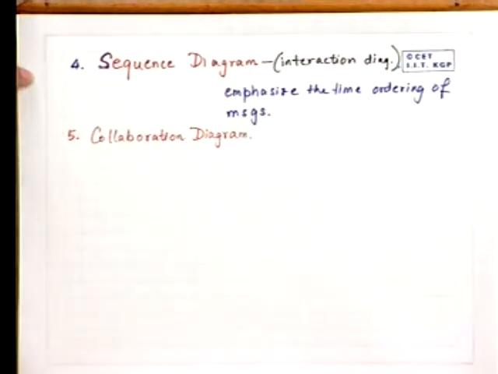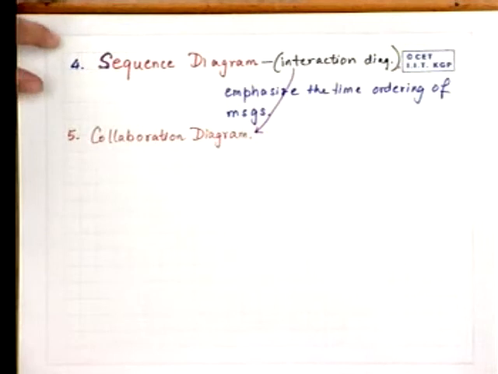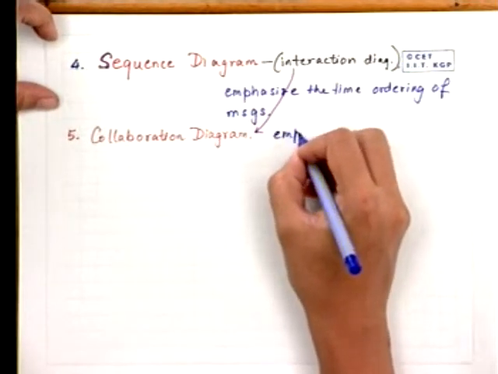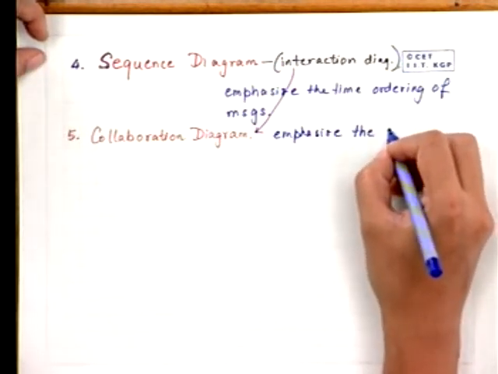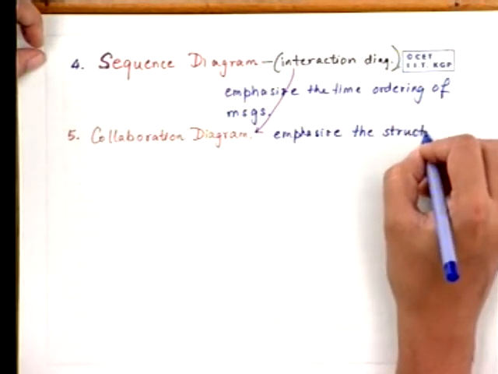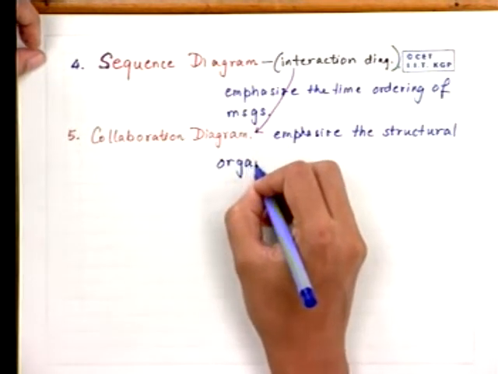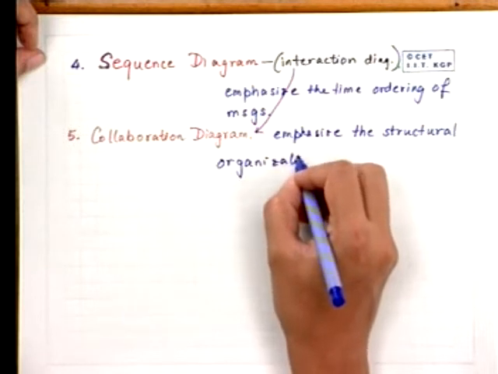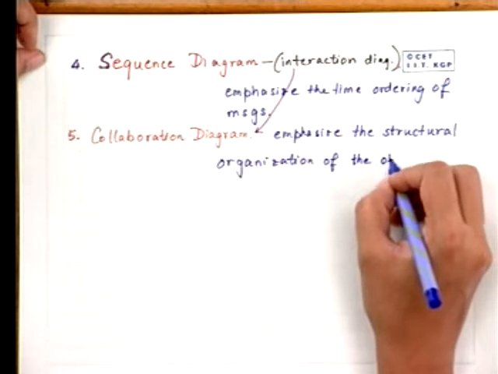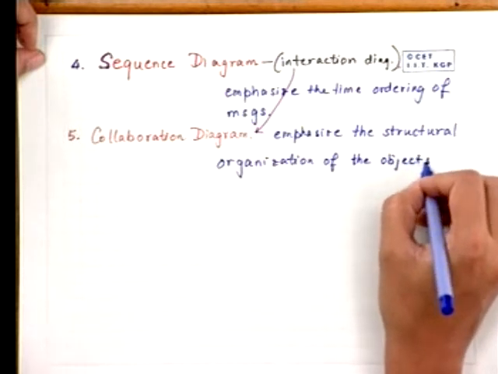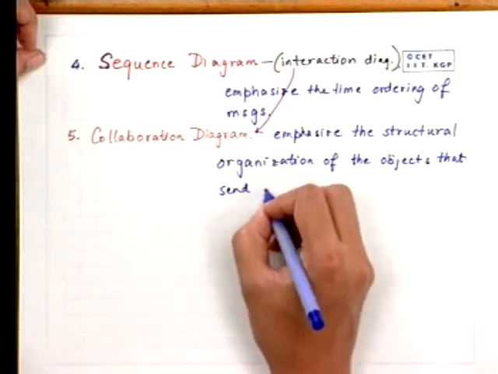Collaboration diagram is also a type of interaction diagram, but collaboration diagrams emphasize the structural organization of the objects that send and receive messages.